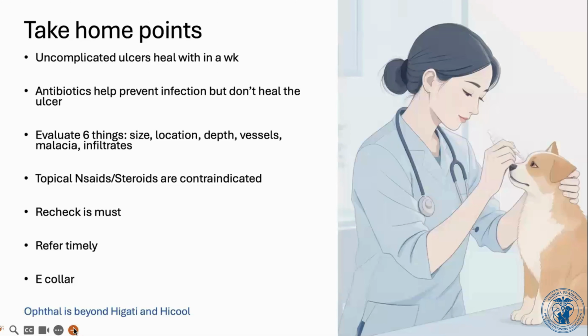So the second question is, can we give steroids systemically in case of corneal ulcers? See, if there is a lot of pain and discomfort which is not being managed with the eye drops, like the pet is blinking the eye a lot, we can use atropine, once or twice daily for 3 days.